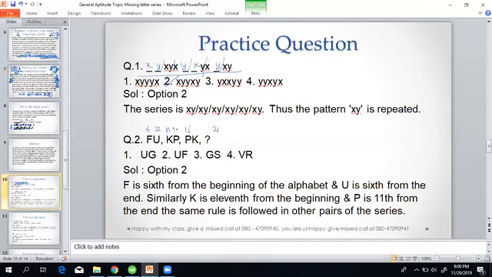P is at the 16th position. K is at the 11th position. So 22 from the left hand side, 22 minus 6 is 16, 16 minus 6 is 11, sorry.